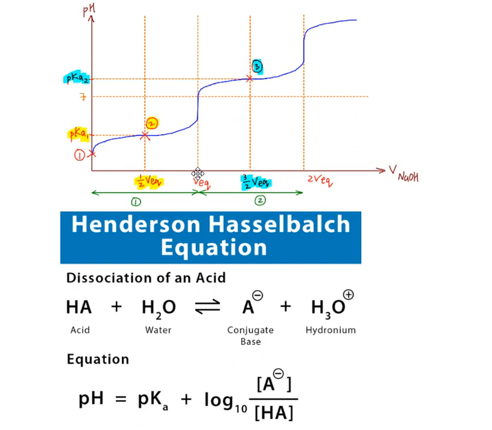And then we look for x equals 5, because 5 is half of 10. At this point, what's the y value? What's the y value for x equals 5? That pH is the pKa we are looking for.